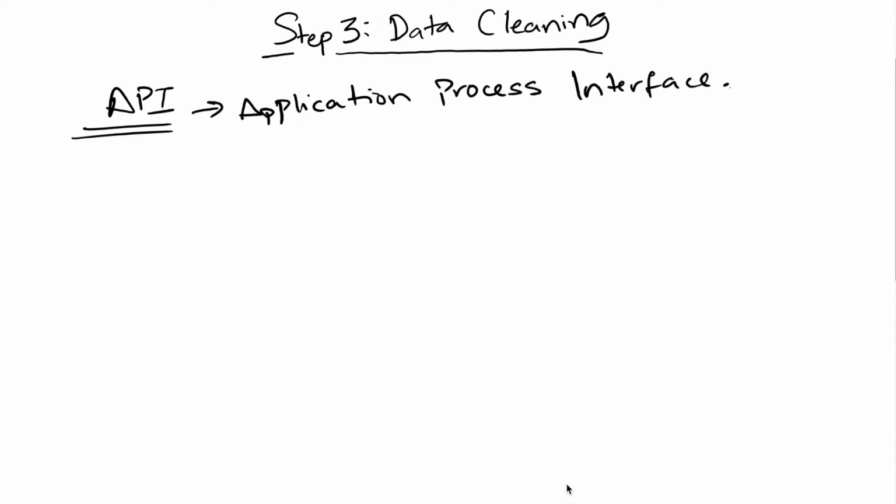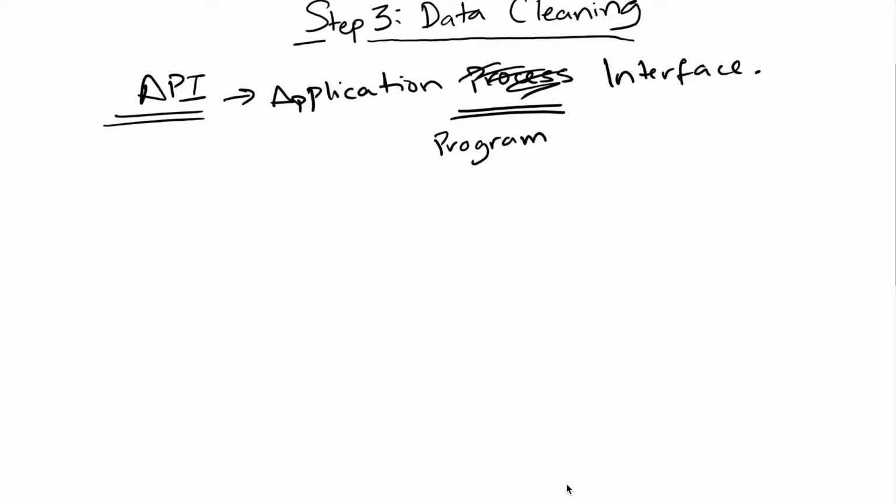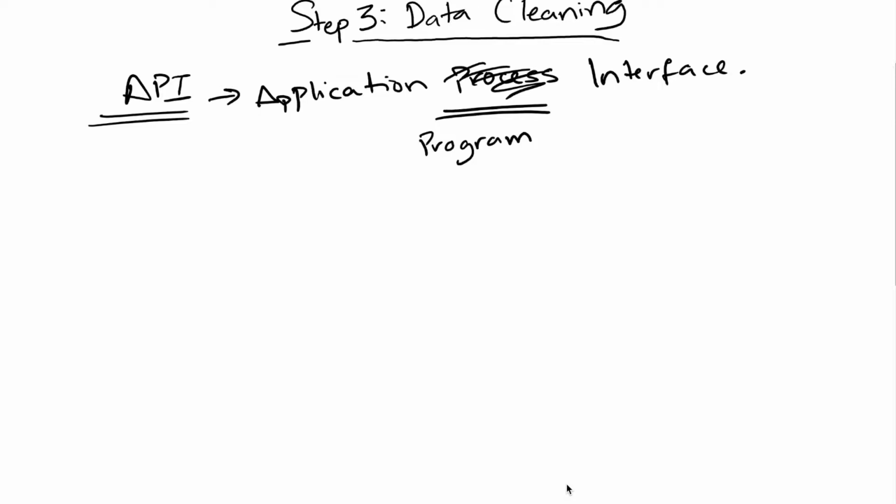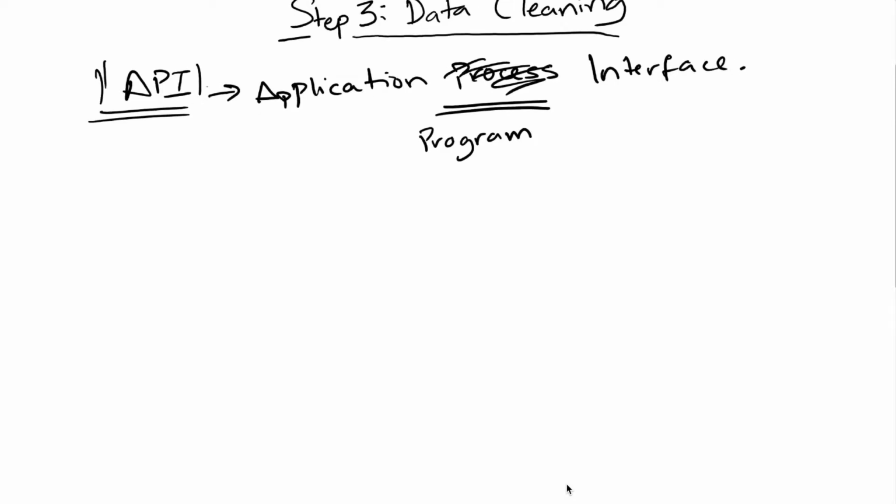So just to correct that, it's not process, it's actually program interface. So APIs are application program interface and not application process interface. So yeah, this was just one thing I thought I'll let you guys know. So let's get started with today's video.